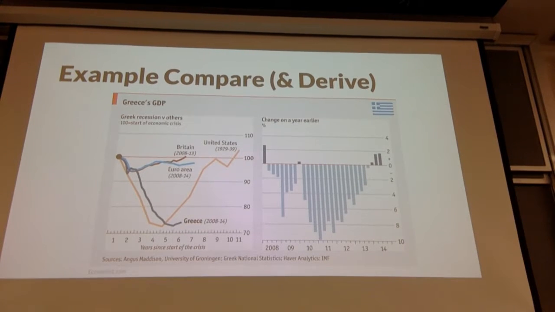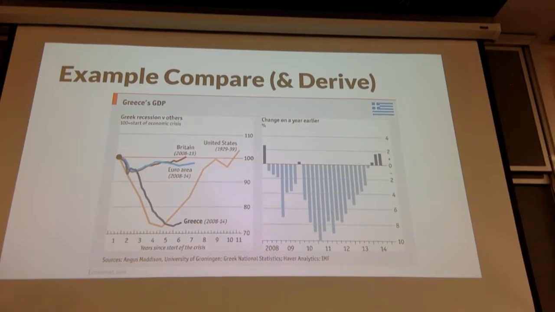Here's an example for comparing and also for deriving. Here I have a comparison. The point of this chart is to show how bad the financial crisis was for Greece. It shows us percentage of GDP relative to a fixed point. We have layered on top of each other the curve for Greece, the Euro area, Britain, and the United States.